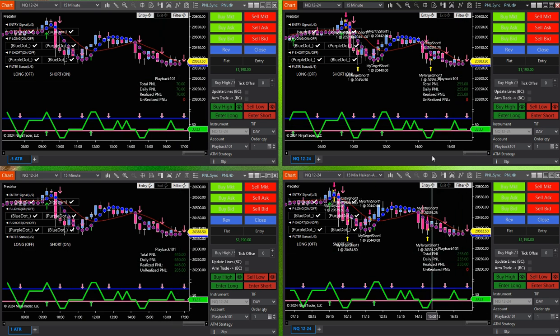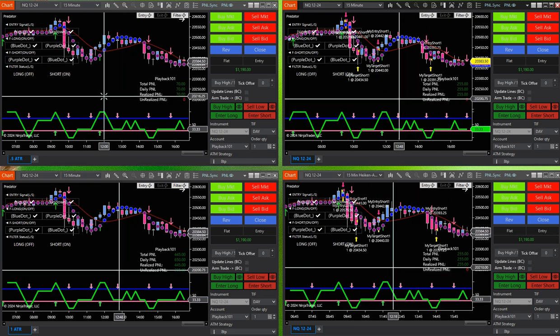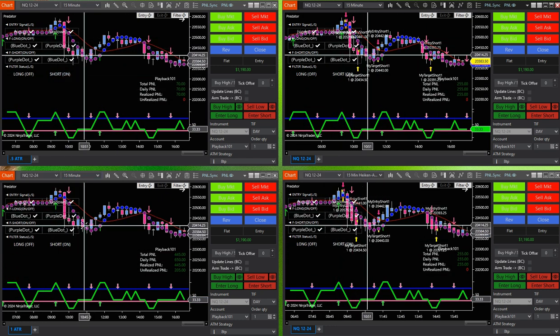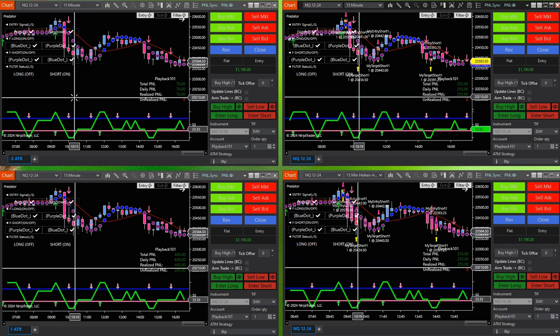So for now I'm just using 1 contract and a fixed 8 tick take profit. So here on the left side, I was trying to see if I can maximize when it's trending. After the fixed take profit, you want to add a second contract in case the price continues going up or down, depending on what direction the market goes. So that's why I have the 0.5 ATR multiplier and the 1 ATR multiplier.